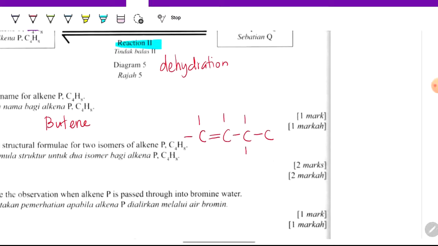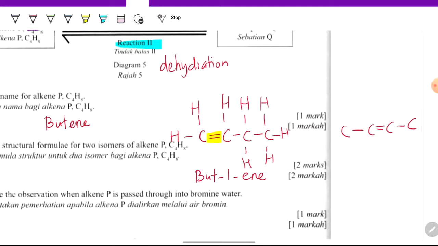This becomes the first isomer, so the name will be but-1-ene. Beside this one, we can shift the carbon-carbon double bond to the second carbon. So it will be like this.